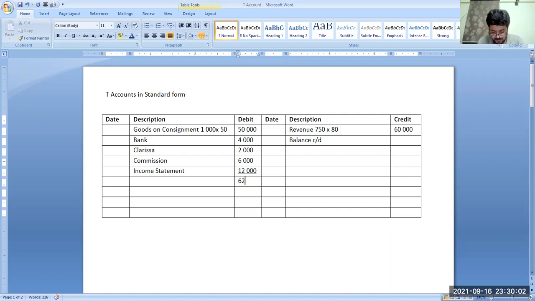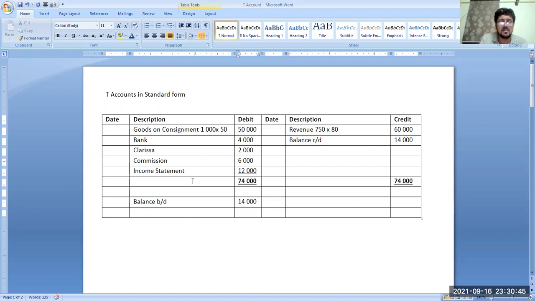Plus 4,000 plus 2,000 plus 6,000, 74. Okay, 74,000 minus 60,000. So balance c/d here is 14,000. So here we get 74,000. Done. So balance b/d in consignment is 14,000. Getting my point here? Okay.